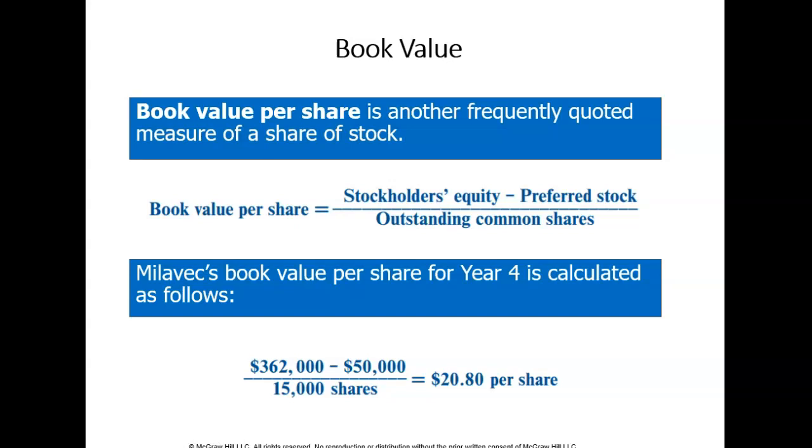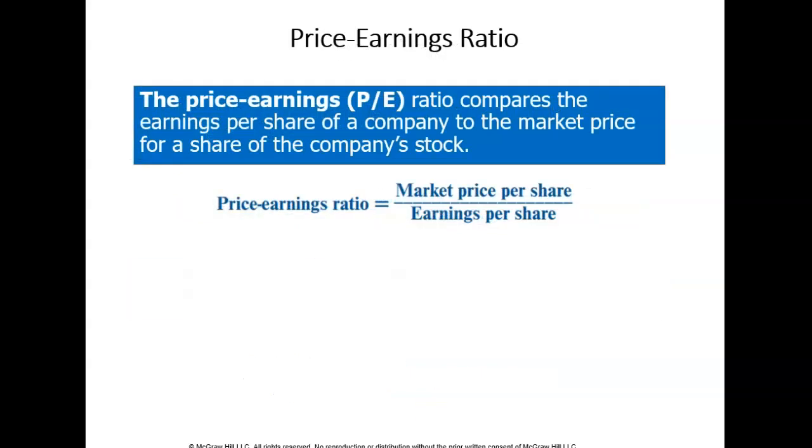Now, of course, you can compare that against the stock's actual fair market value by looking at the actual stock price at this point in time. But this is saying, based upon on paper, each share of stock should be worth $20.80. And again, that's just for the common, not for the preferred stockholder.